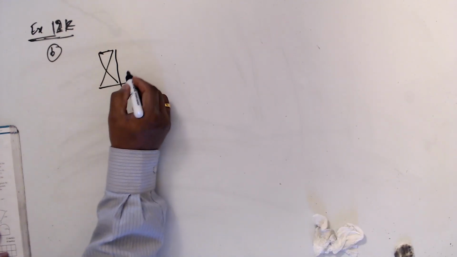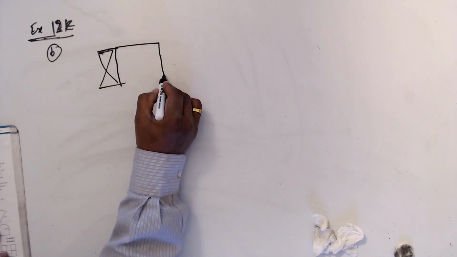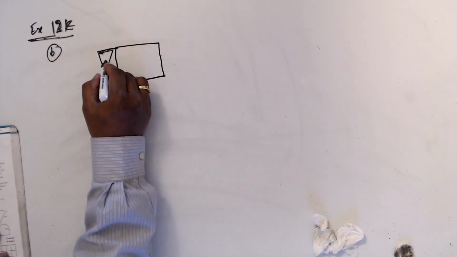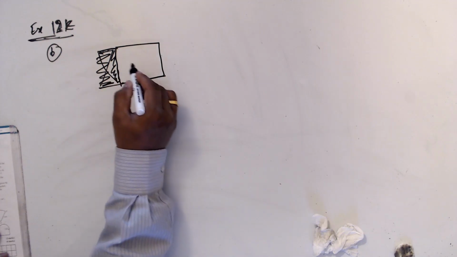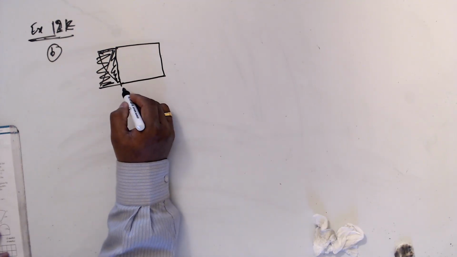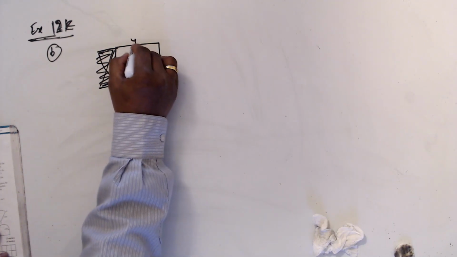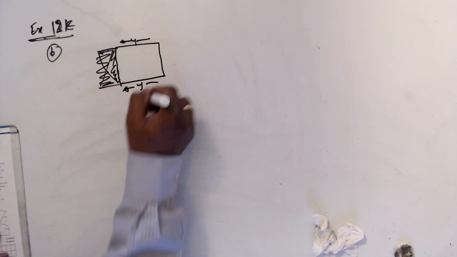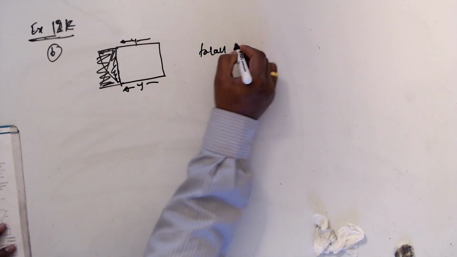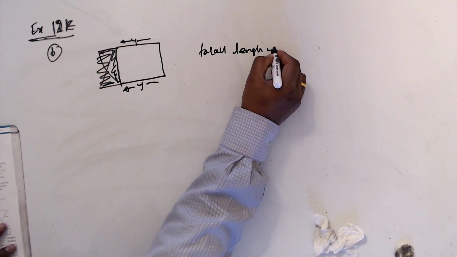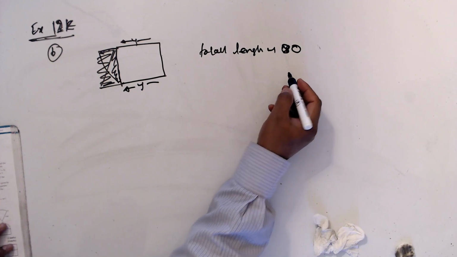This side is the house, and they have a fence like this. This is the house area, and they have a fence. They explain this length is y and y, and the total length is 80 meters.